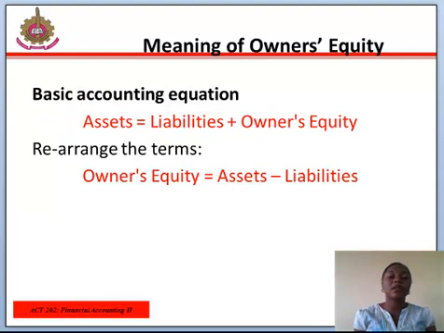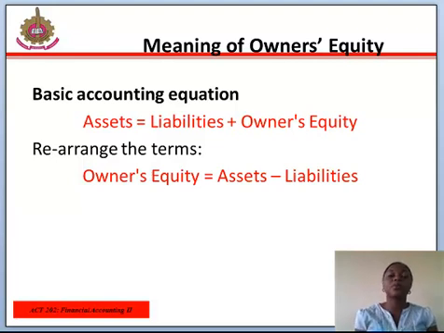Meaning of owner's equity. Owner's equity is the words that are used on the balance sheet when the company is a sole proprietorship. If the company is a corporation, the words shareholders' equity is being used instead of the owner's equity. Hence, owner's equity may be referred to as the residual of assets minus liabilities.